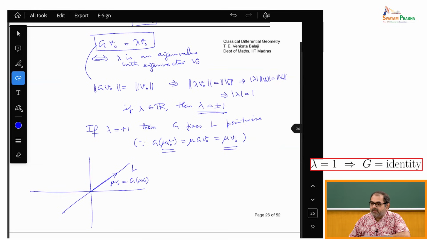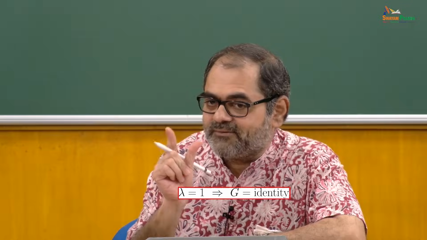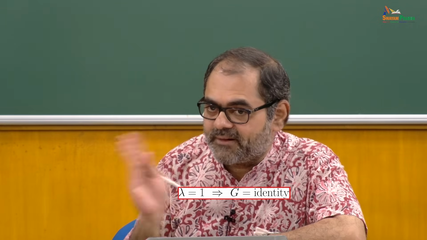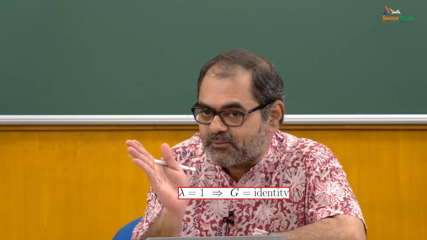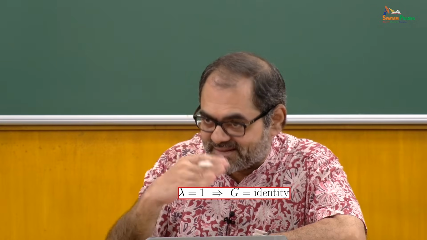If I take a unit vector along that line, and a perpendicular unit vector to it, gotten by rotating by 90 degrees in the anticlockwise sense, and you apply G to it, G being orthogonal will take the perpendicular unit vector to a perpendicular unit vector, but being oriented, it should also preserve the sense.